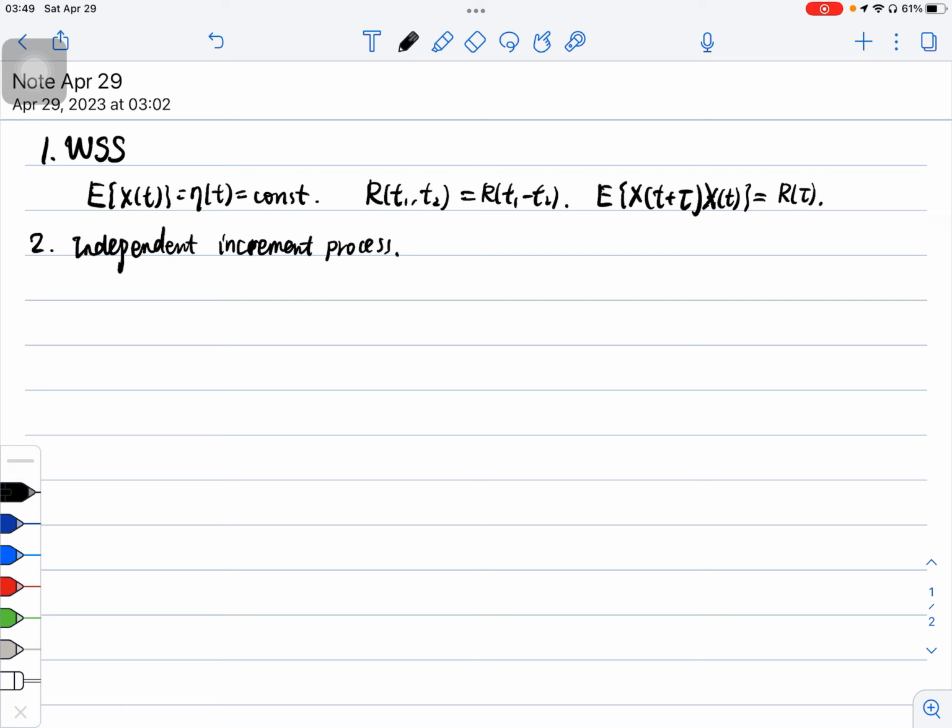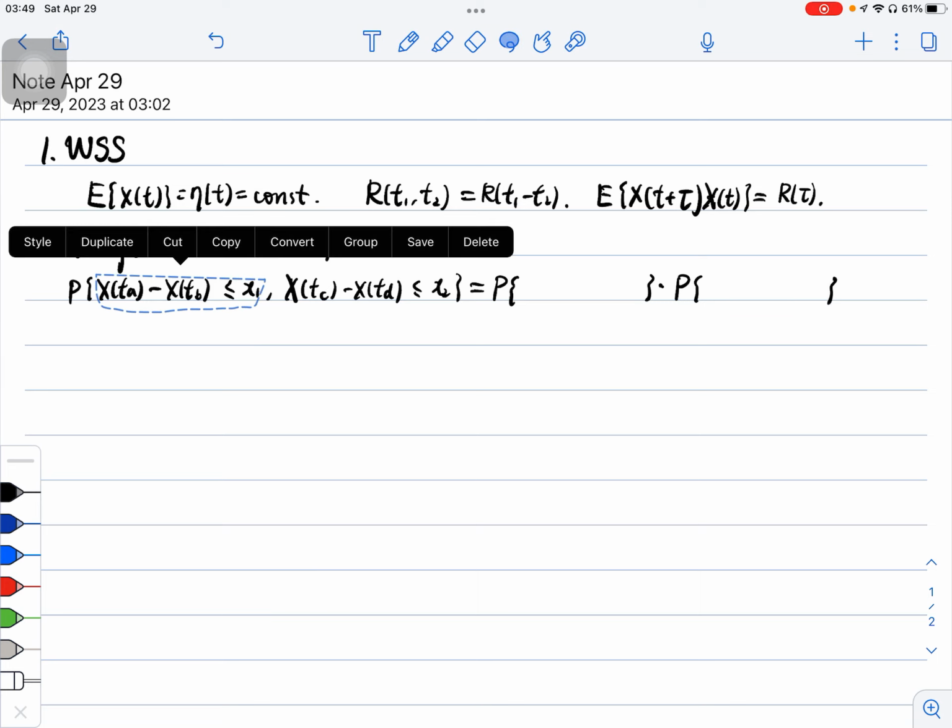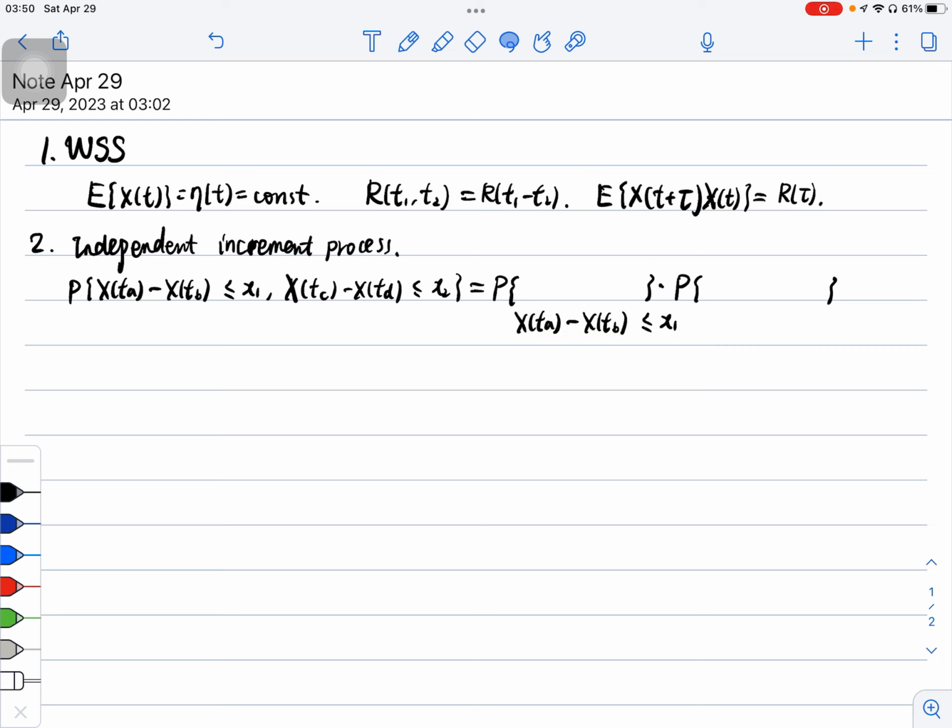Xt is a process with independent increments if the probability of xta minus xtb less than x1, xtc minus xtd less than x2 equals the probability of this times this.